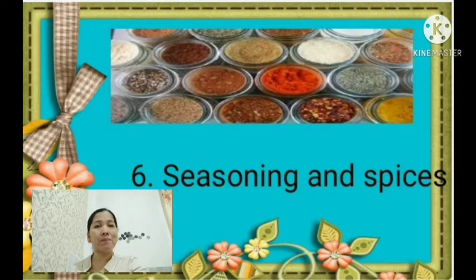Ano pa? Yung tinatawag nating mirepoix. It is a combination of two parts white onion, celery, and carrot.